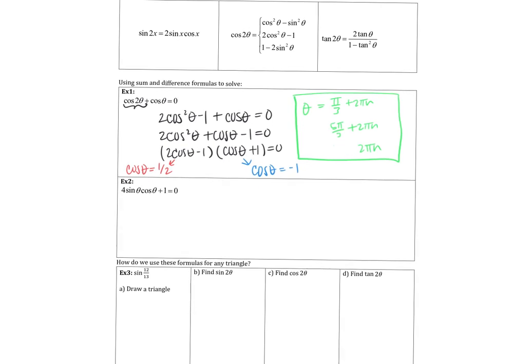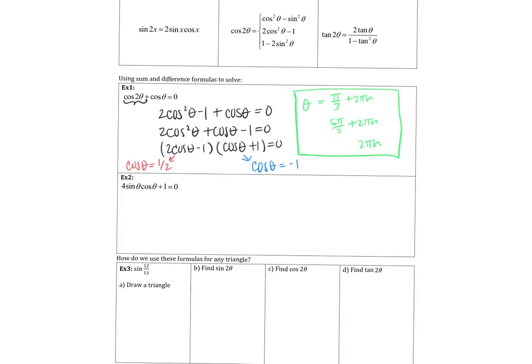The second problem is 4 sine theta cosine theta plus 1. Now, upon first glance, there's not even a double angle formula here, and there's no identity that I know already to help me solve this. But I know this looks kind of similar to a double angle formula that we have. So I'm going to just pull a 2 out in front.